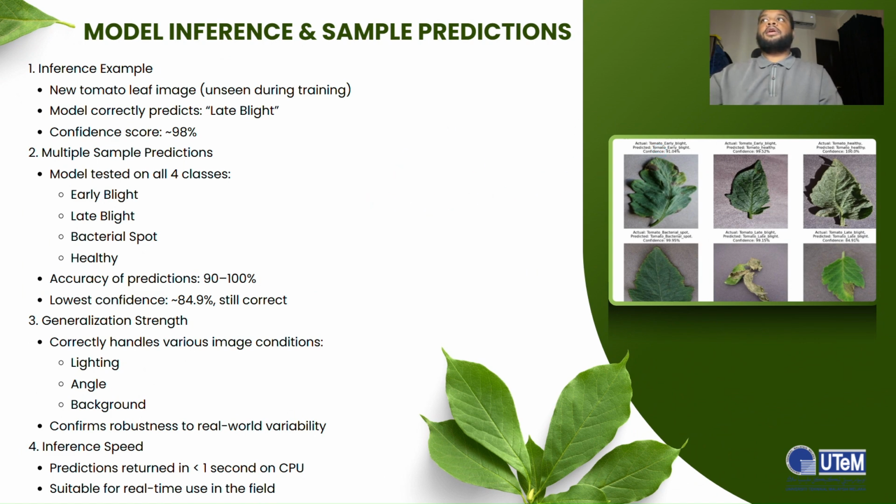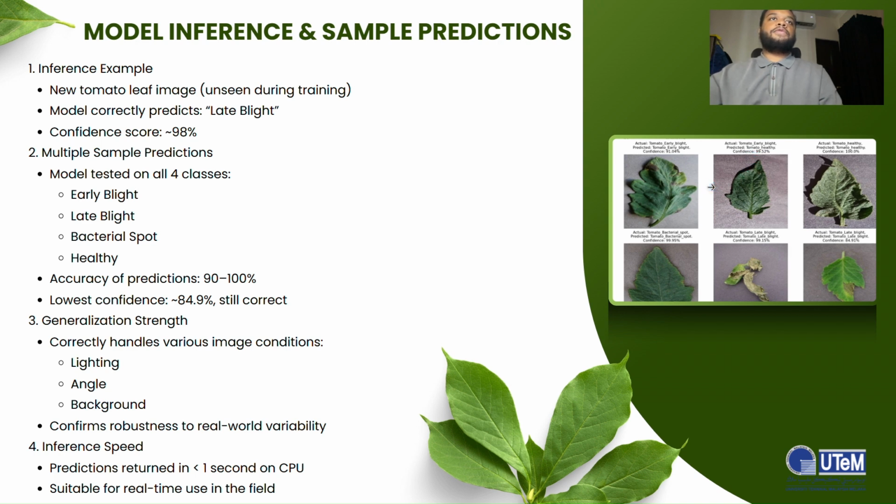We have here in the figures a new tomato leaf image, not seen during training. The model correctly predicts late blight, and the confidence score is around 98%. For multiple predictions, the model is tested on all four classes: early blight, late blight, septoria leaf spot, and healthy.